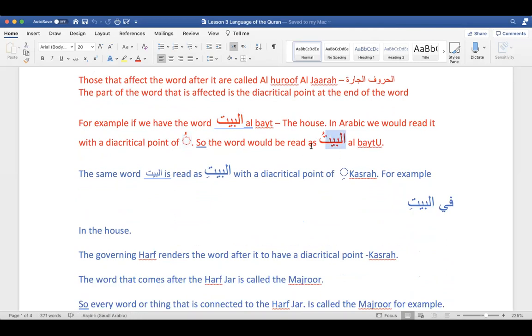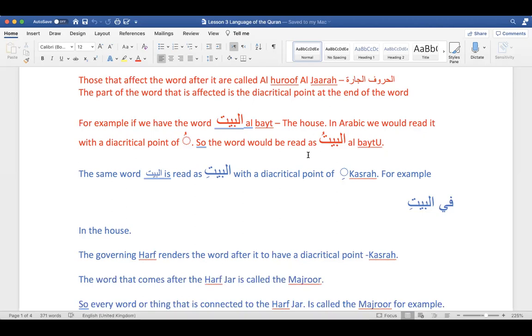Sheikh, what does diacritical mean? Diacritical means the point of the word, or the part of the word, that shows or reflects its state.